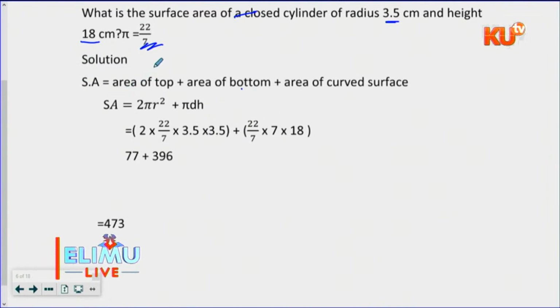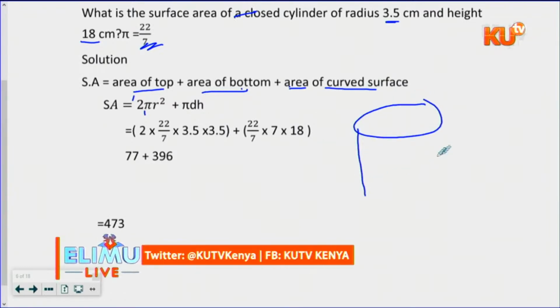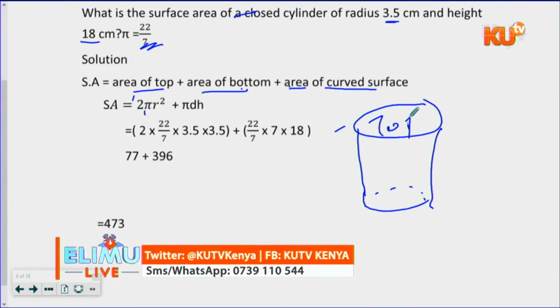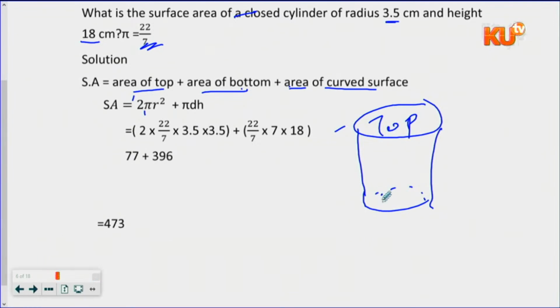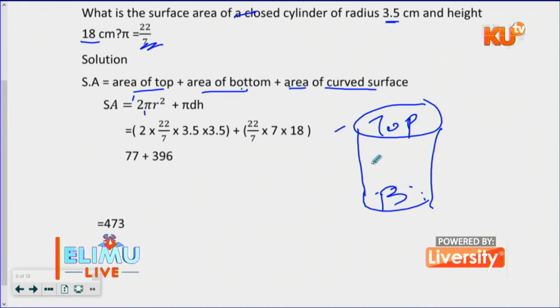Surface area will give us the area of top plus the area of bottom plus the area of curved. So let me have a sample of a cylinder here. So I've said area of top, and this is the top. And area of bottom, this is the bottom. And area of curved, as I said earlier, this is the curved part.